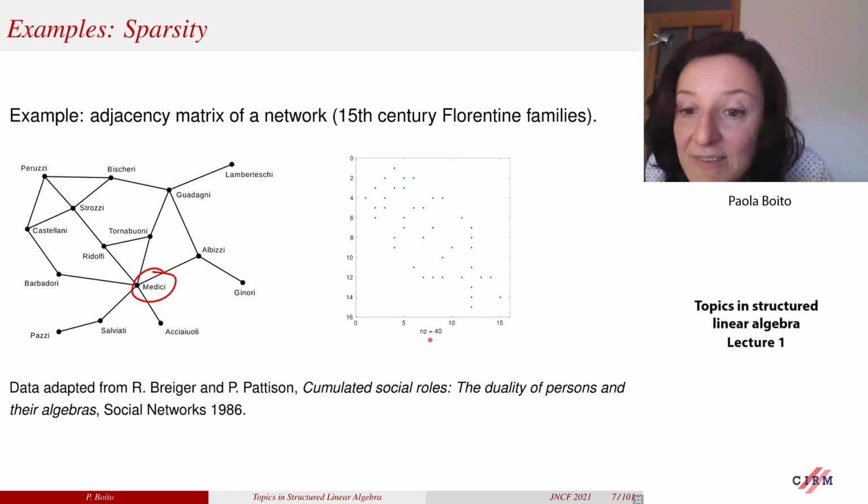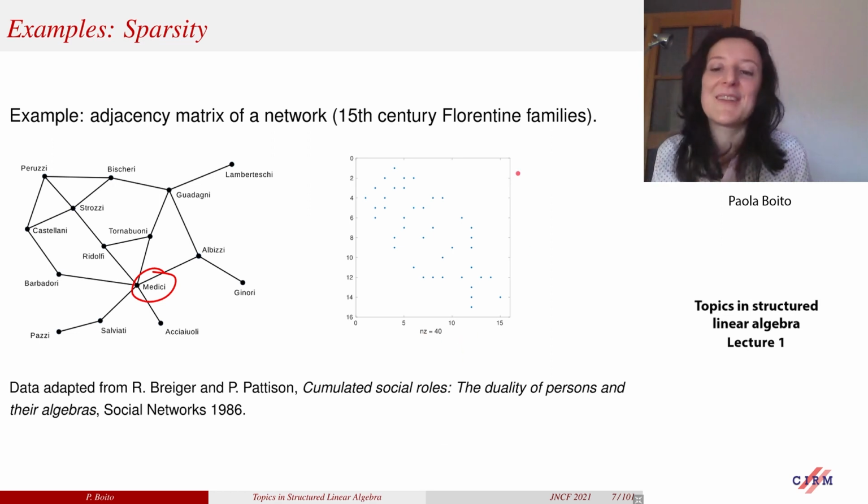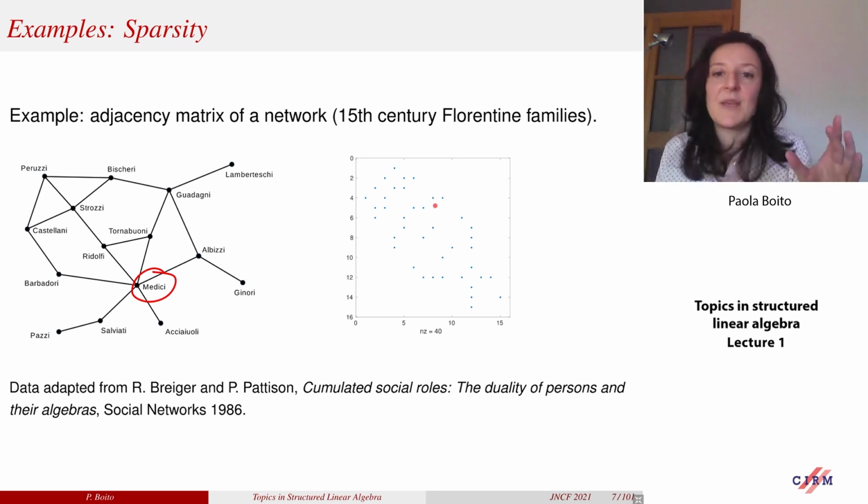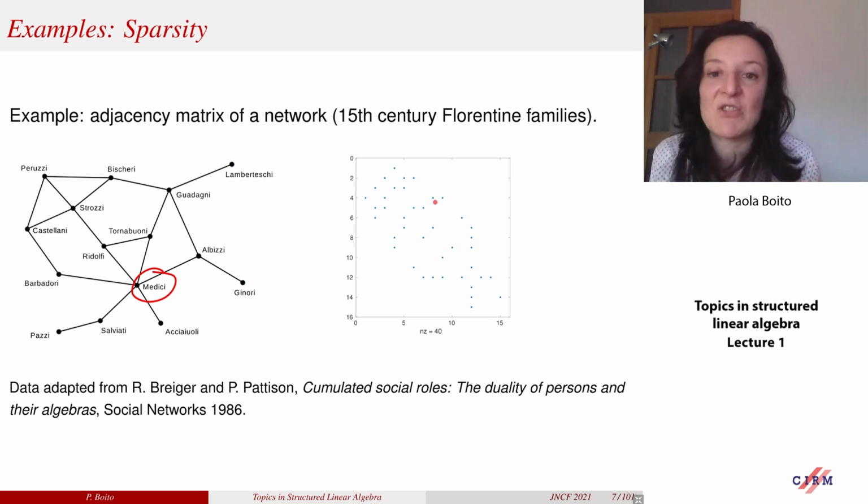Oh, NZ. Yes, this is just a standard MATLAB notation. When you plot the sparsity pattern of a matrix, MATLAB plots the matrix as a square with blue dots every time the matrix has a non-zero entry, and nothing if there's a zero entry.